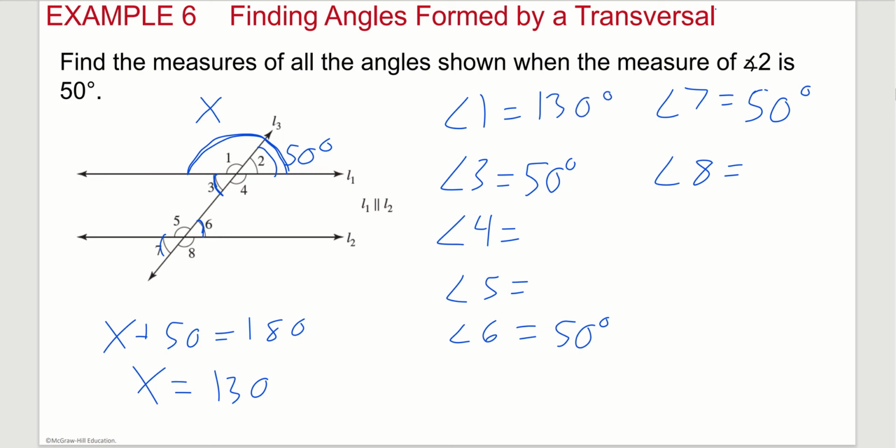Now that we know that angle 1 is 130, angle 4 also has to be 130 because 1 and 4 are vertical angles. 1 and 5 are going to be the same, so 5 is also 130 because 1 and 5 are corresponding angles. And then 8 also has to be 130 because 5 and 8 are vertical angles, and so those have to be equal as well.